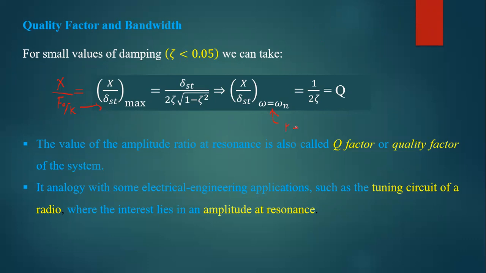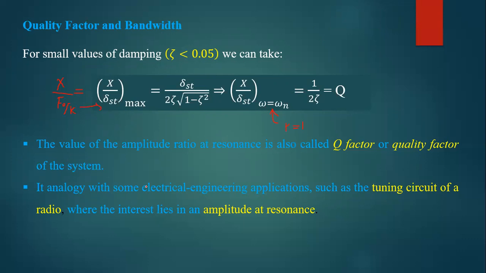R is equal to 1 at resonance. At that point, we have 1 over 2 zeta, which we call Q. This Q is called the quality factor. So the value of the amplitude ratio at resonance is called the quality factor, or Q factor.